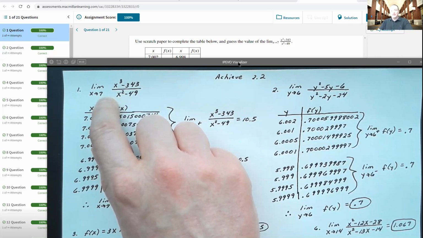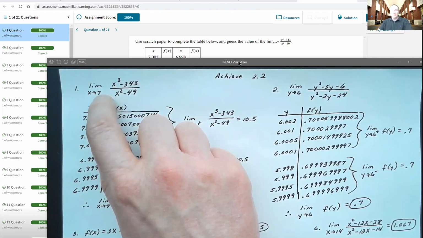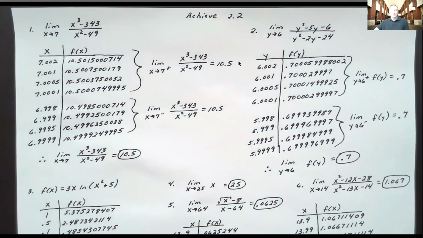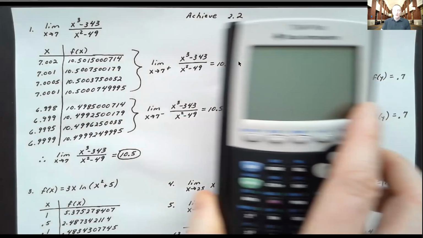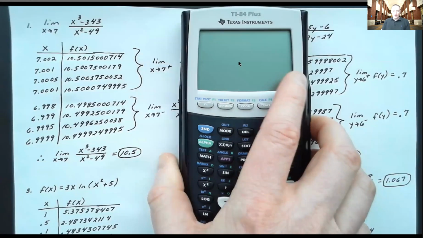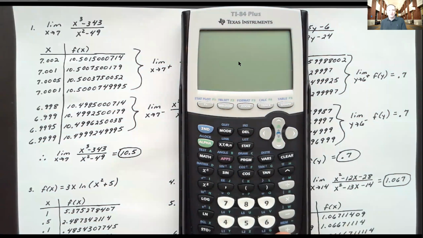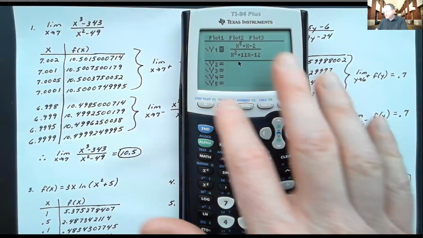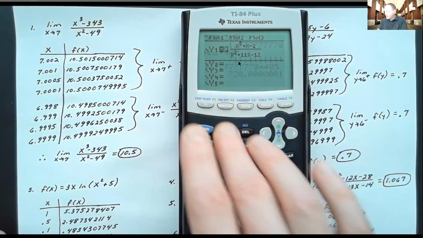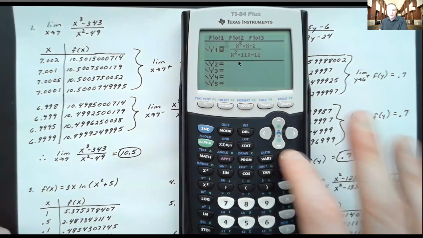Now, they gave me a table of values to plug in. I'll go ahead and maximize my screen and show how that worked out. So what I did here for the first problem, we had x cubed minus 343. I'll go into the y equals screen, clear that out.